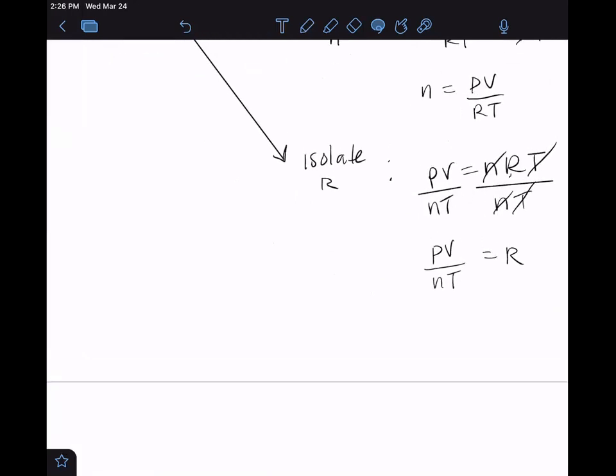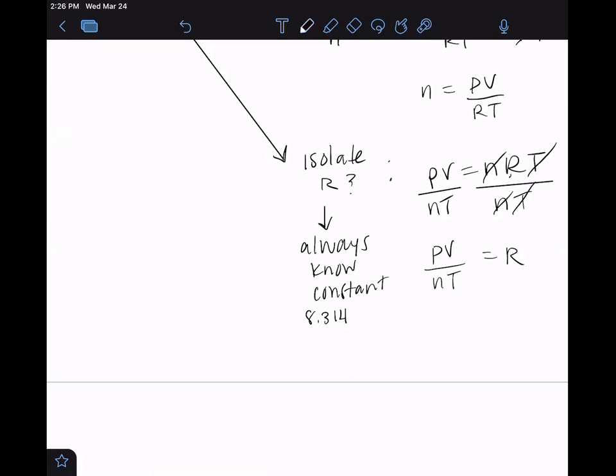Now, would we ever want to isolate R? No, because R is a constant, and we're always already knowing the constant. So we don't need to ever isolate R, right? Do we have to isolate n? Maybe, okay?